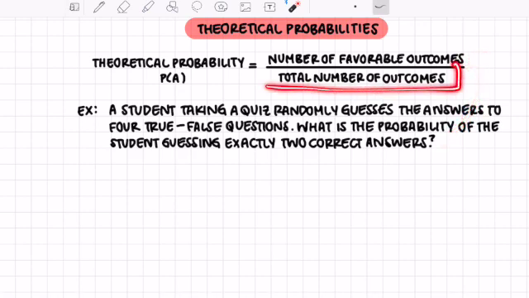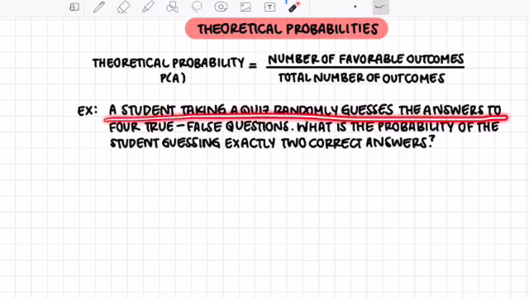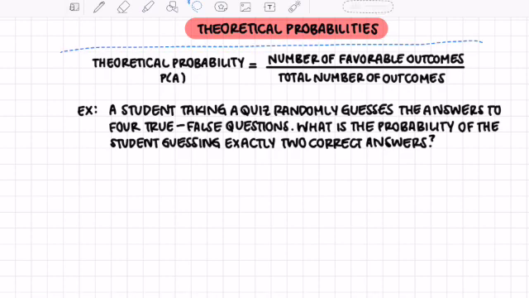The total number of outcomes is usually in the beginning. It says here, a student taking a quiz randomly guesses the answers to 4 true or false questions. So we're looking at the outcome of 4 questions, and all 4 of those questions are either true or false. Okay, so let's try it out.